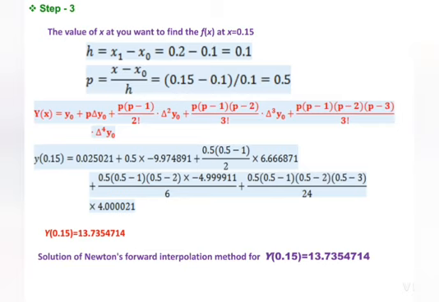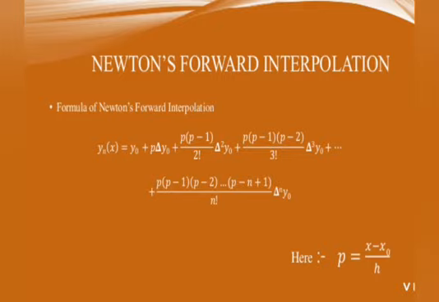So the value of the dependent variable at 0.15 is 13.7354714. And one more thing, we can verify the answer in the given data, and here the answer is 13 point something. See the given table.